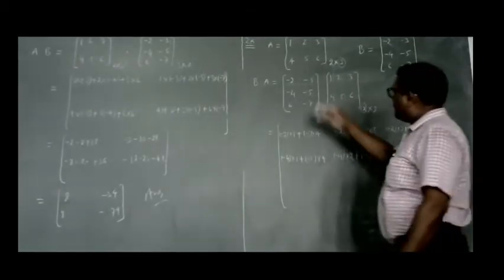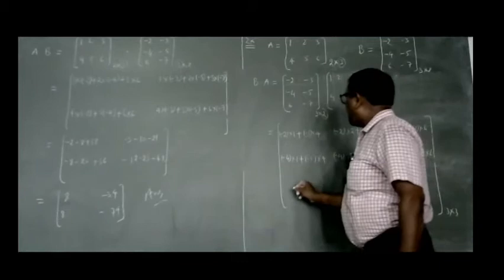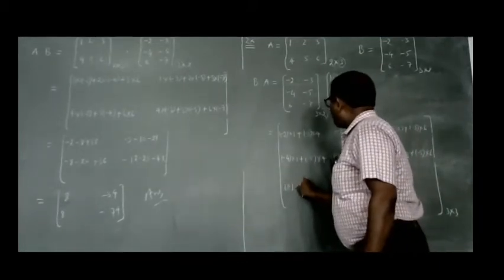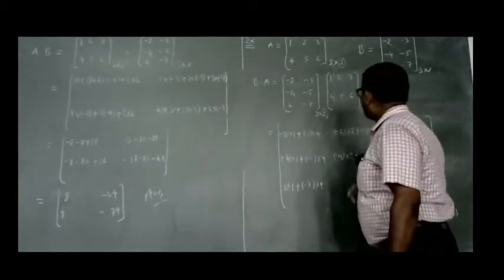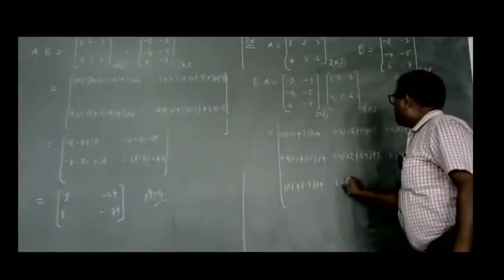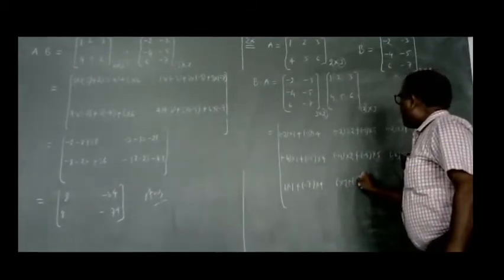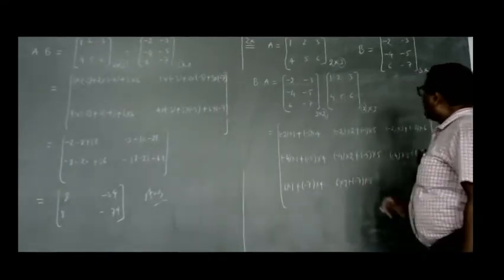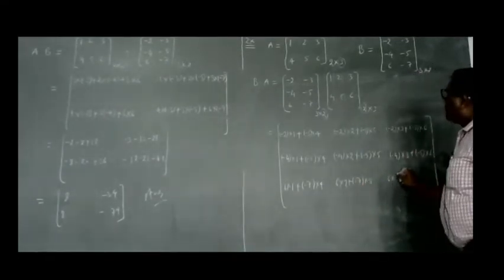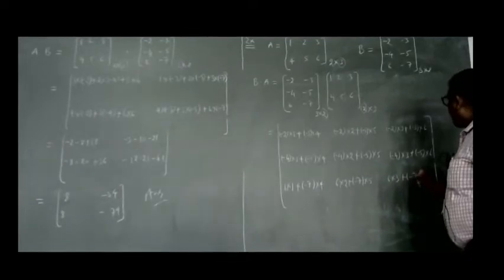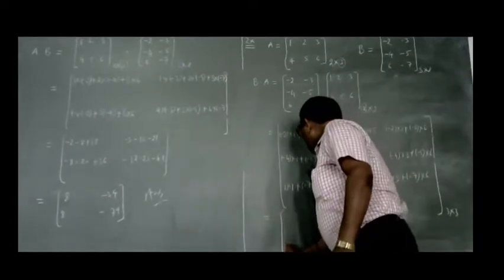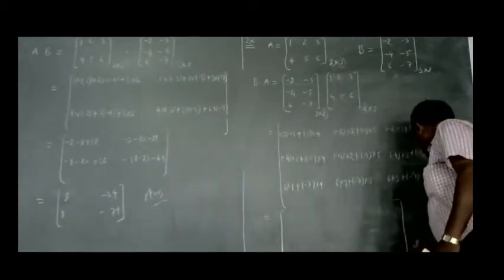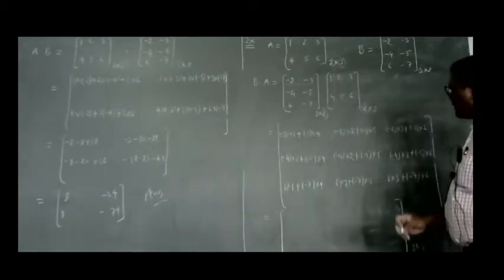In the same way, the third row is multiplied: 6 into 1 plus minus 7 into 4. The second element is 6 into 2 plus minus 7 into 5, then 6 into 3 plus minus 7 into 6, and you will get the resulting matrix of order 3 cross 3, having 3 rows and 3 columns.